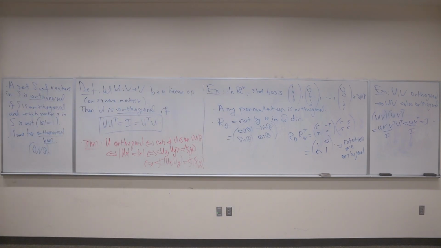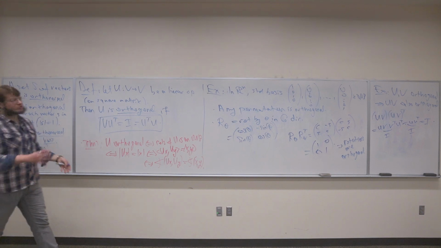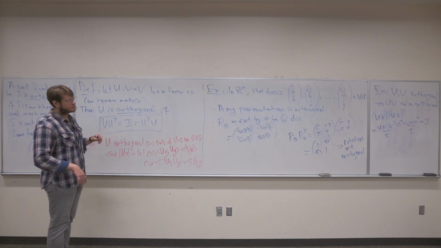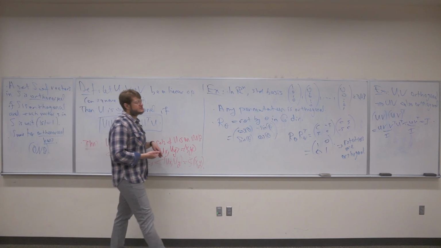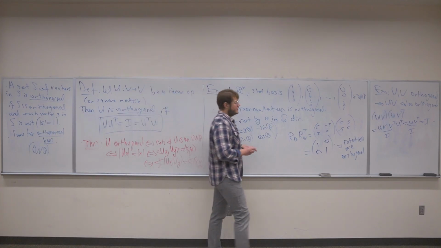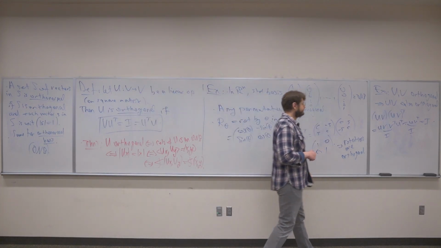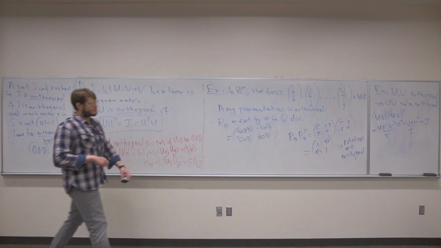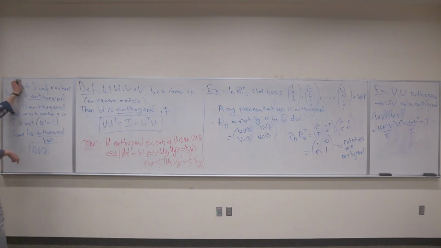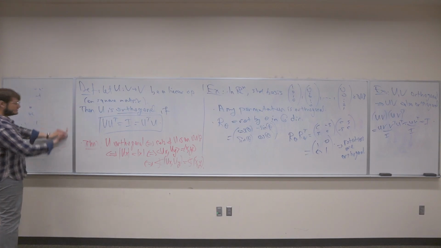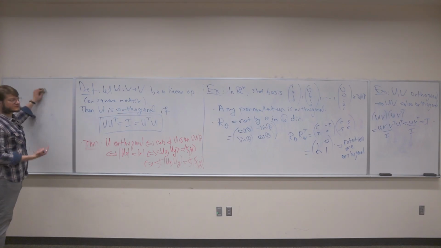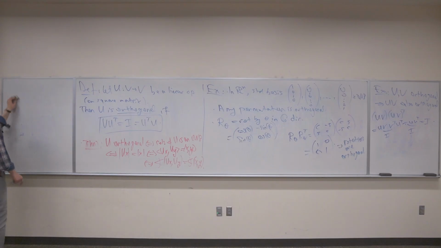In particular, for instance, in 3 dimensions, you can compose rotations in different directions to come up with an orthogonal transformation in 3D. For instance, I can rotate, say, around the z-axis and then around the y-axis.